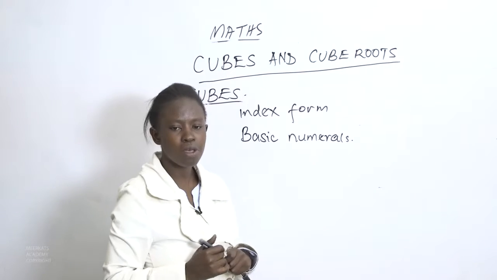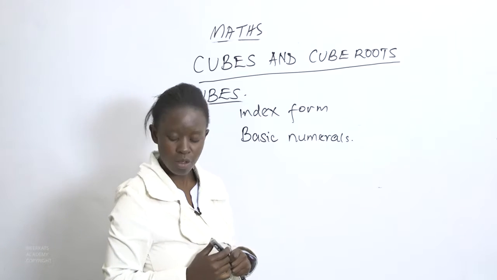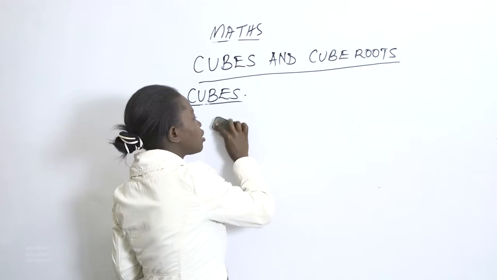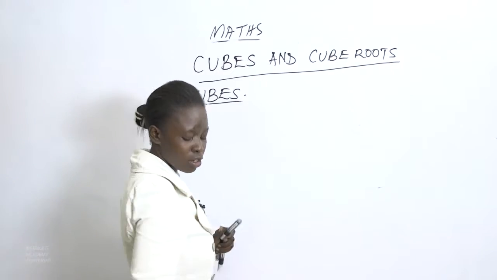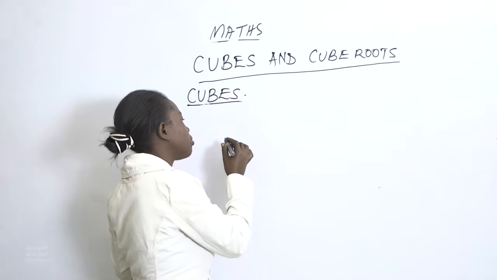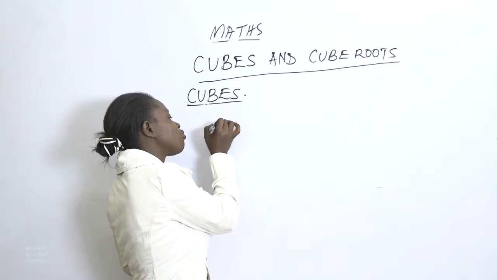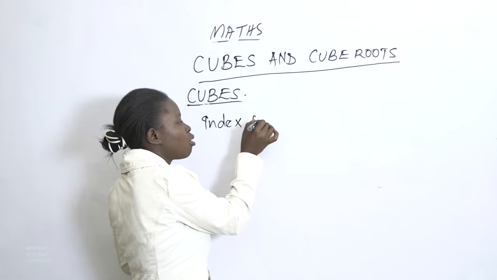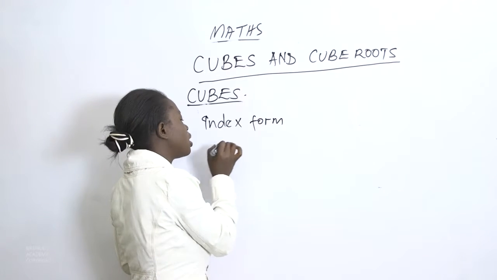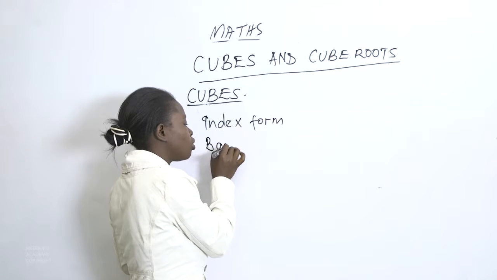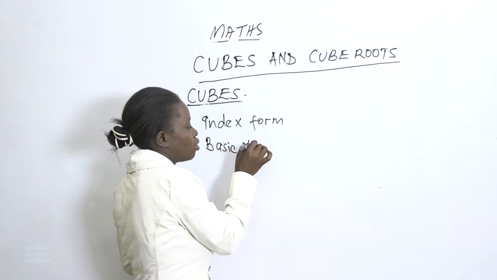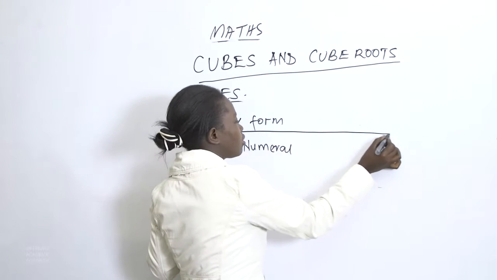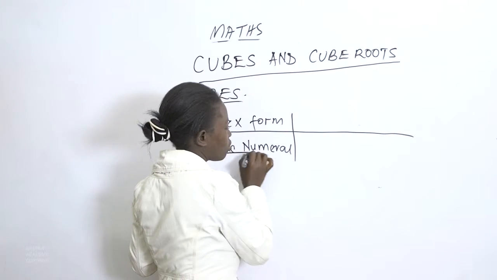What do I mean with the cube in index form? I can use the example of the first 10 digits, where we need to get their cubes, writing the cube in index form and as a basic numeral.